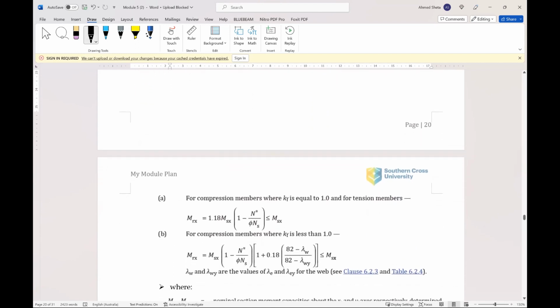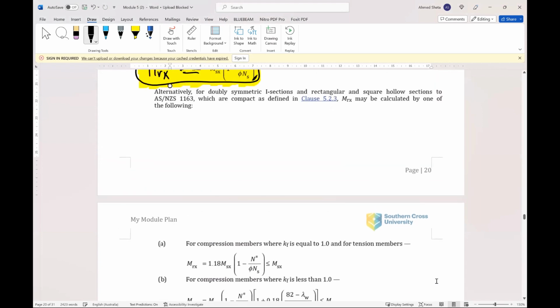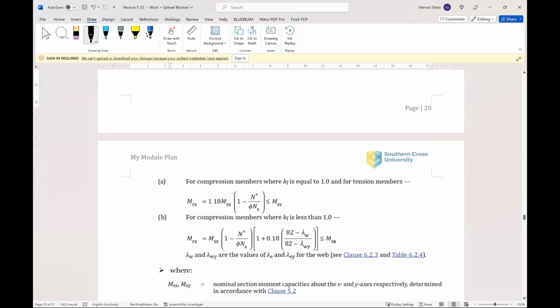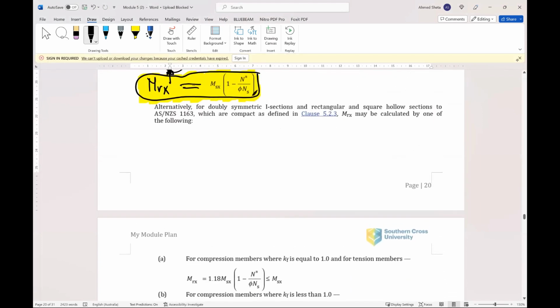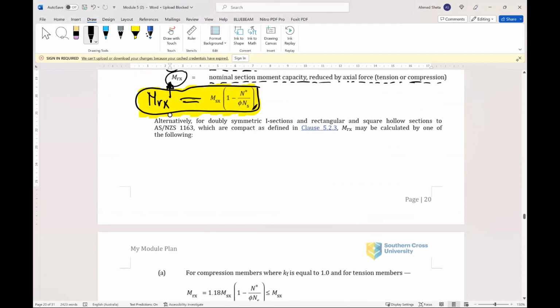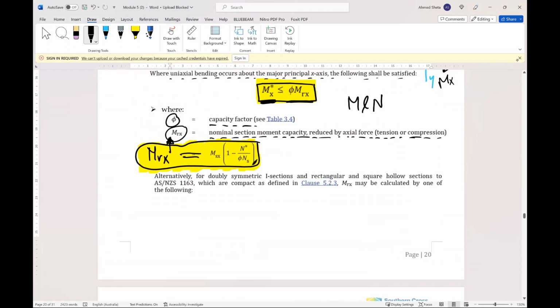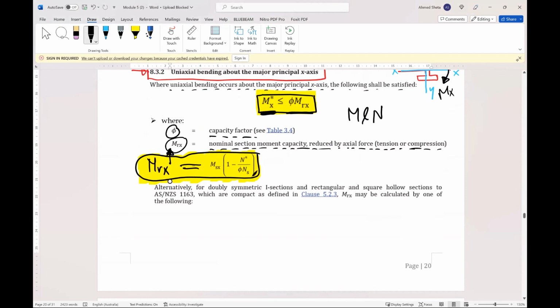These are some cases here. So this is the value of Mrx.